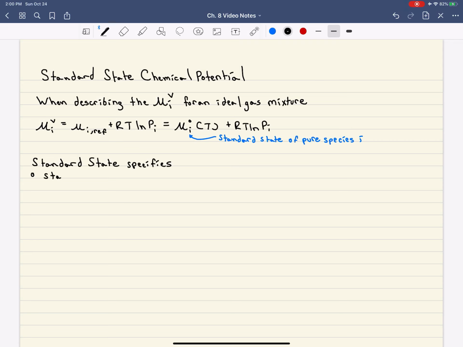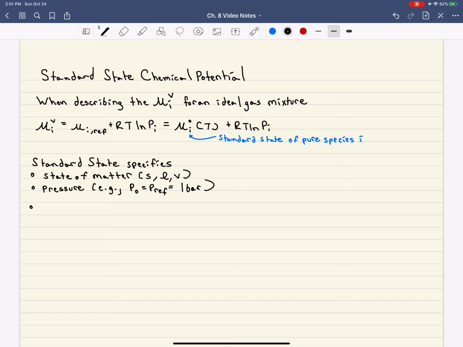So it'll specify your state of matter, so whether the pure species, or your reference species, is a solid, liquid, or vapor. It'll specify a pressure. So, for instance, you could say that your P naught, or your reference pressure, is like 1 bar or something.